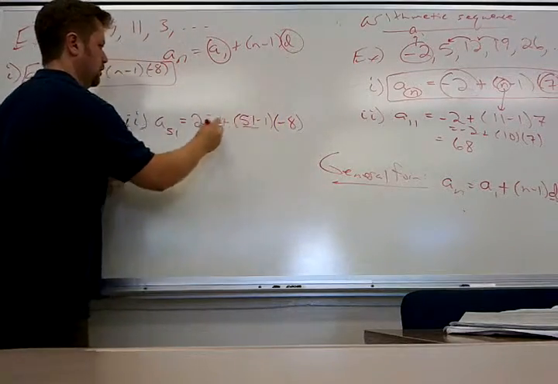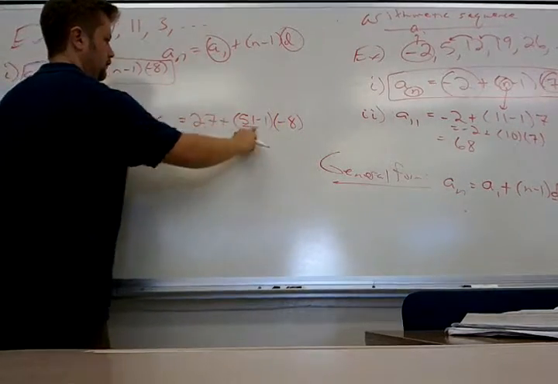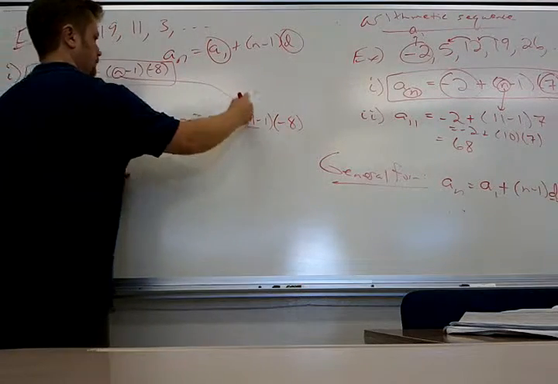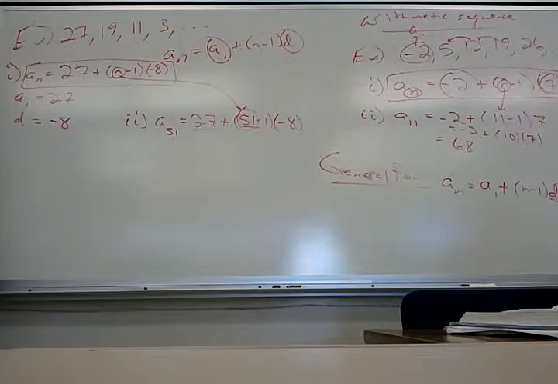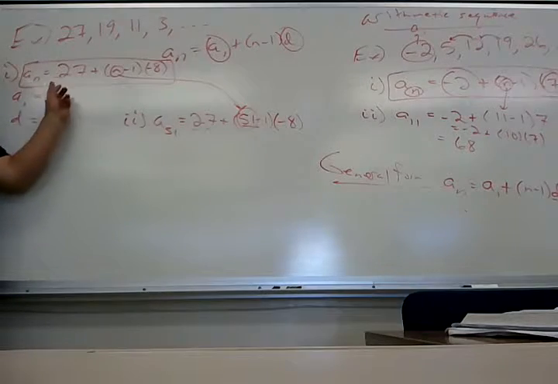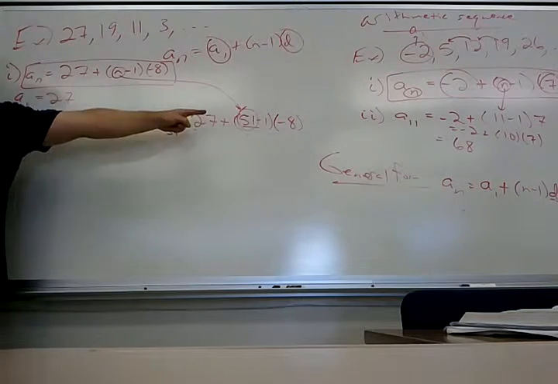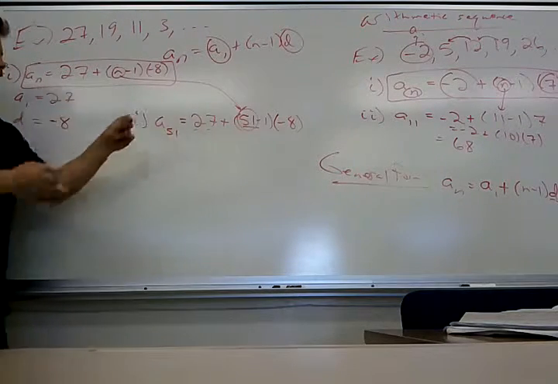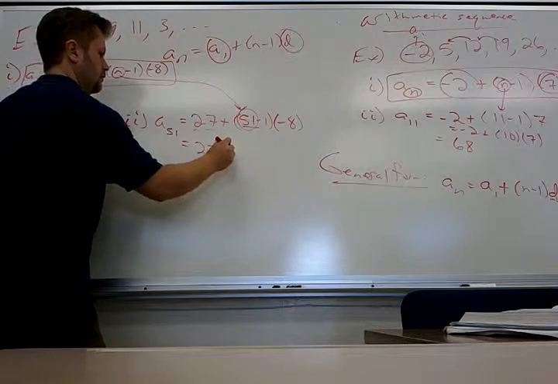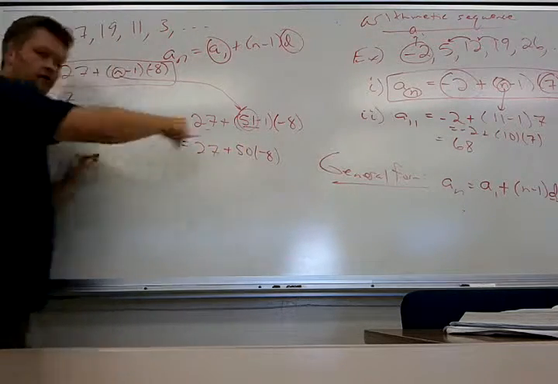So all we did was plug in the 51, right? If I want N to become 51, I let N become 51. So now I get 27, and then you can figure that out.